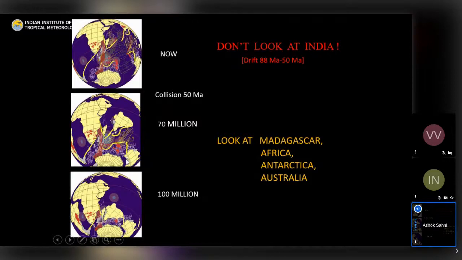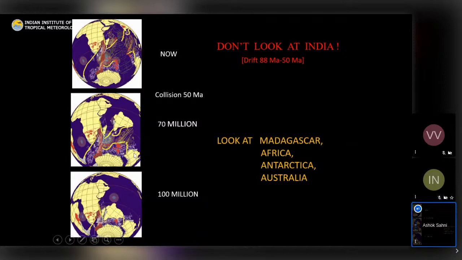So the scientific question was, so what's happening to India? Now, as I've tried to show you, a lot depends on the drift of India. Both Madagascar and Australia are roughly in the same climatic zones where they were originally.